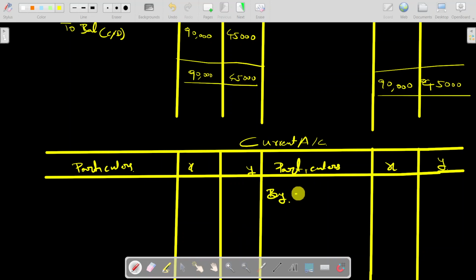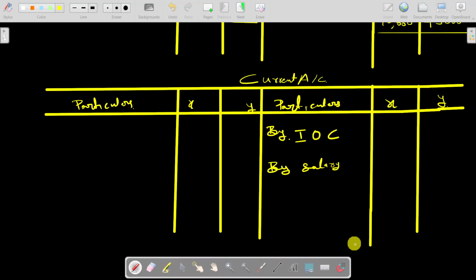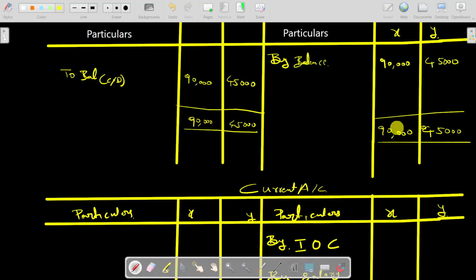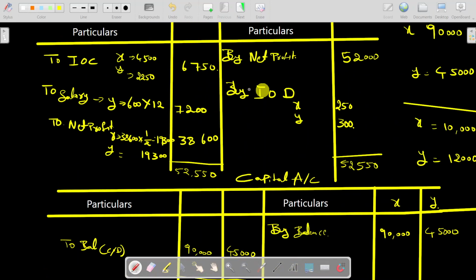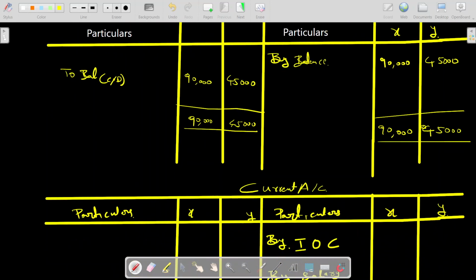So what are they getting? One is interest on capital and salary and net profit from the P&L appropriation account. How much interest on capital are they getting?